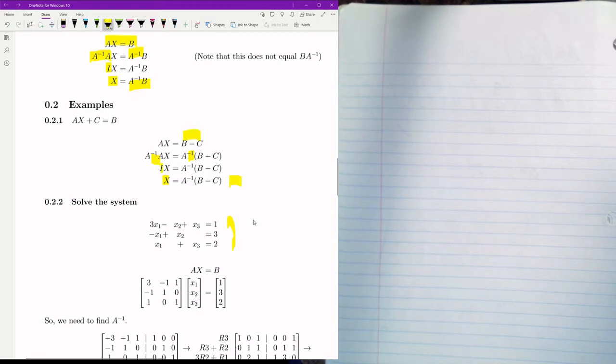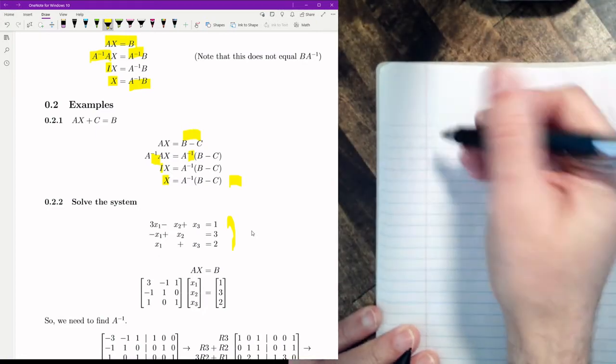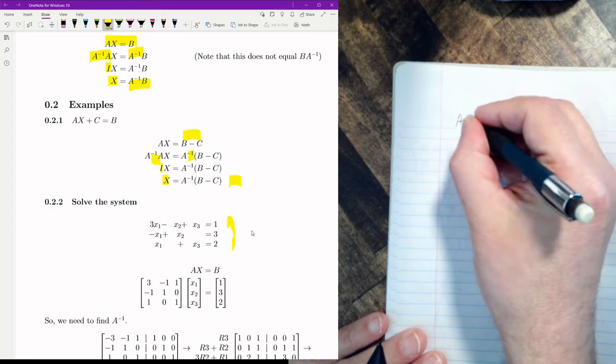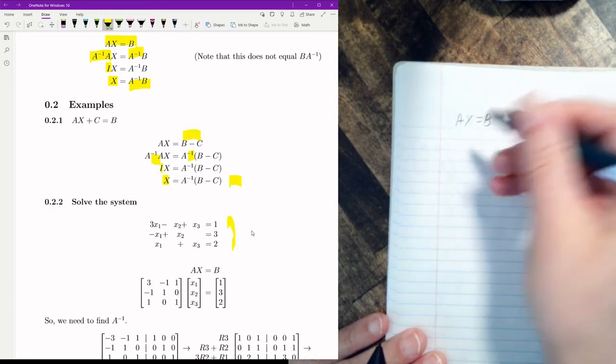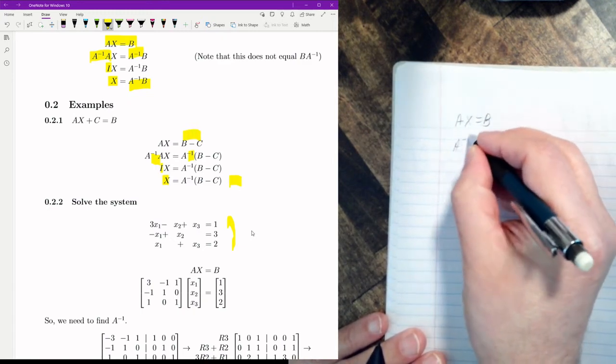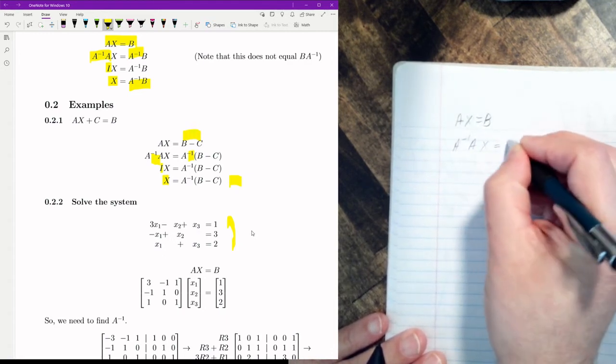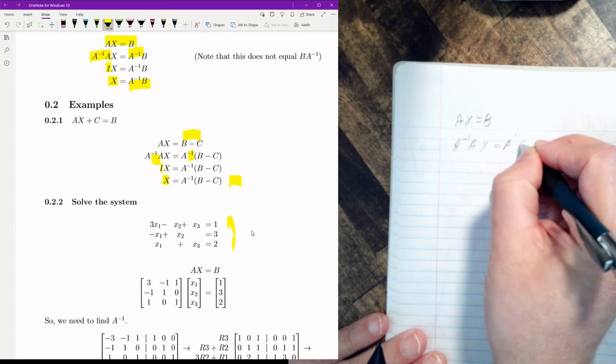In order to solve this, we start out with AX equals B. So now we do A inverse A, X equals A inverse B.